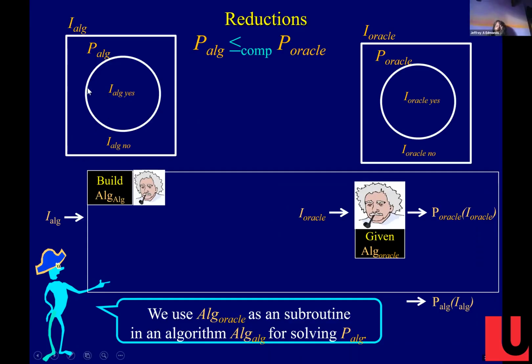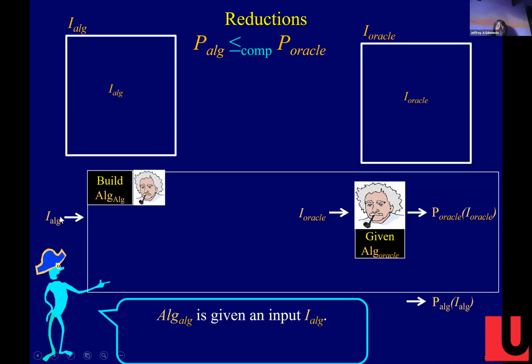So what is our algorithm for the easier problem going to do? Well, we're given an input. Here I'm calling it the algorithm problem; before it was the easier problem. Now it's the problem for which I have an algorithm, and this is the problem for which I have an oracle. I'm designing an algorithm for the algorithm problem, and I'm given an input to it.